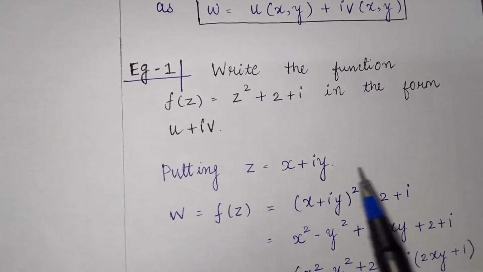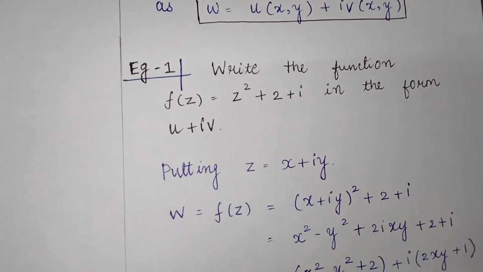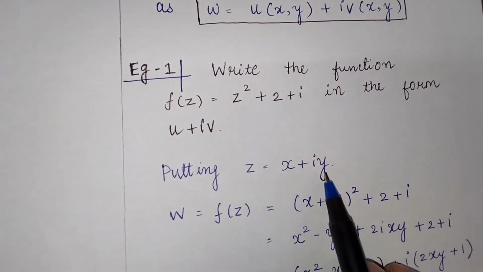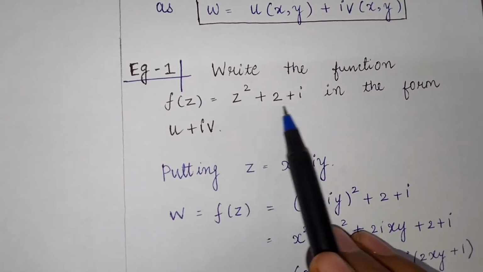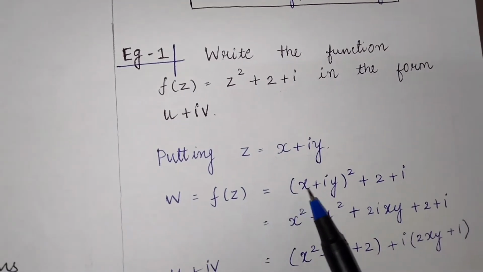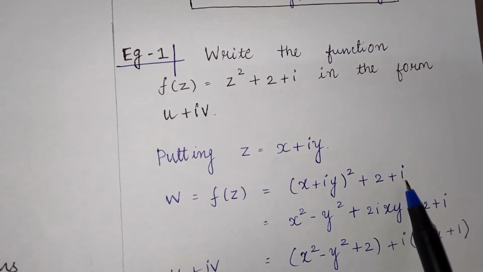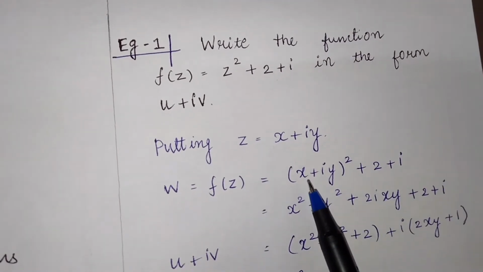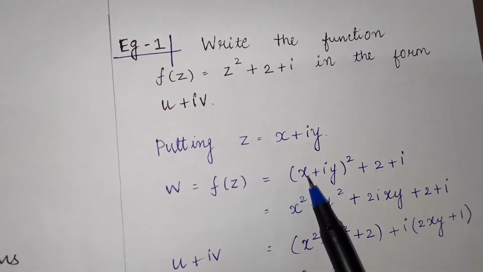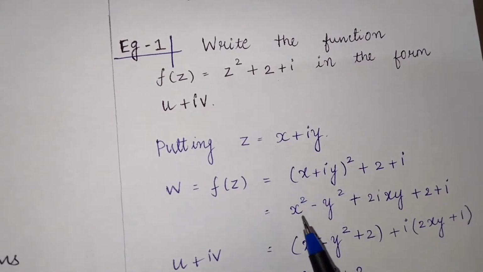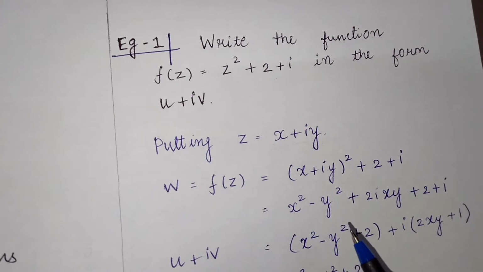Then only you can find the real and the imaginary part. So we get (x plus iy) whole square plus 2 plus i. And now applying the formula of (a plus b) whole square, that is x square minus y square plus 2ixy plus 2 plus i.